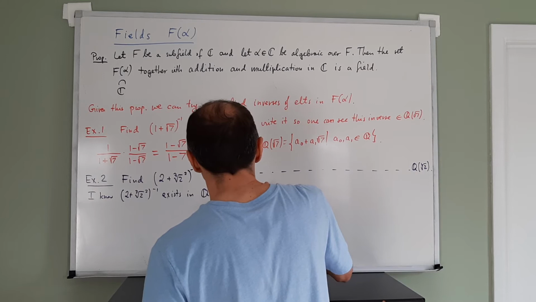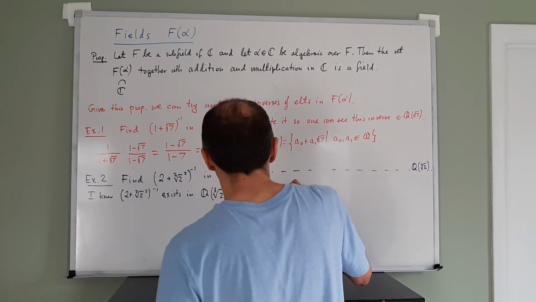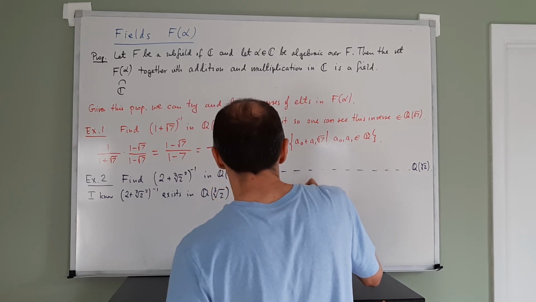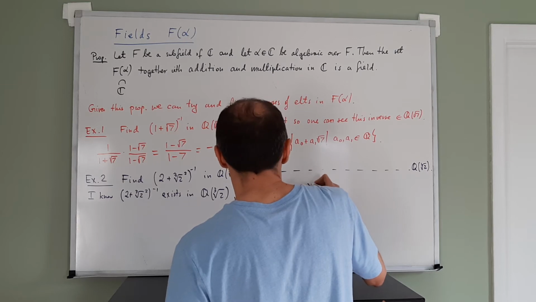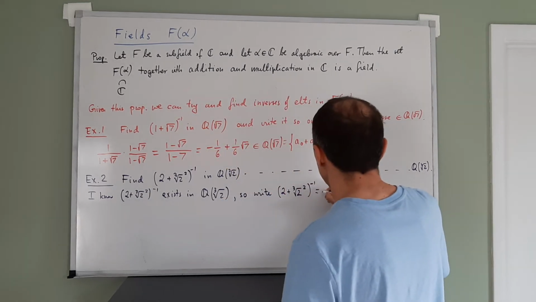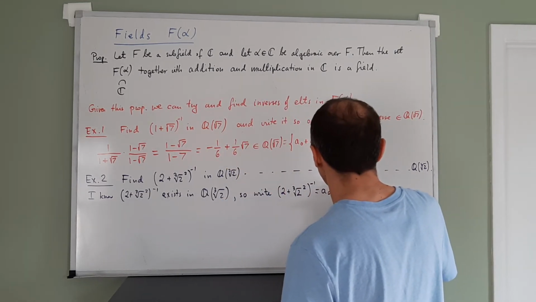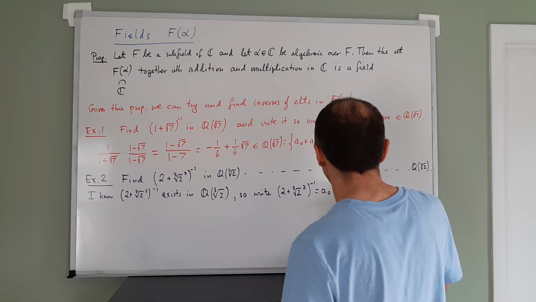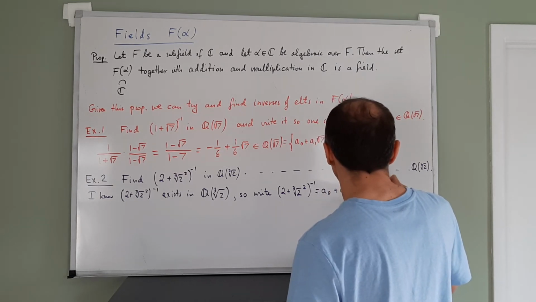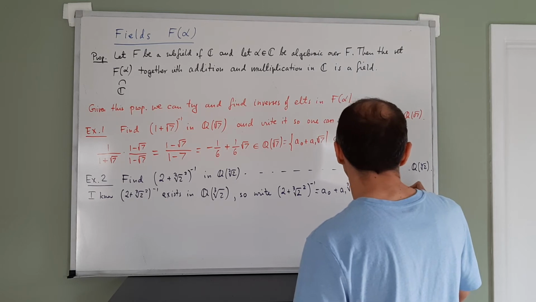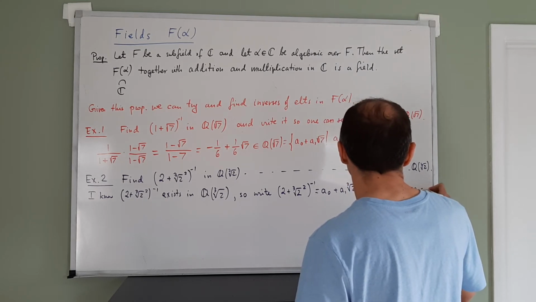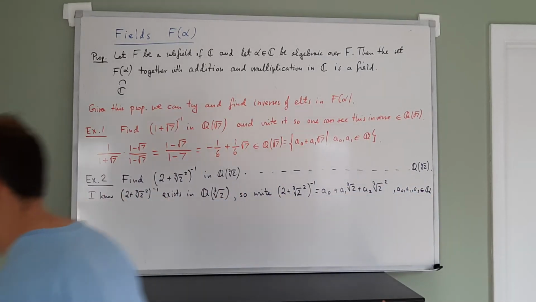So write A0 plus A1 cube root of 2 plus A2 cube root of 2 squared with A0, A1, and A2 rational numbers.